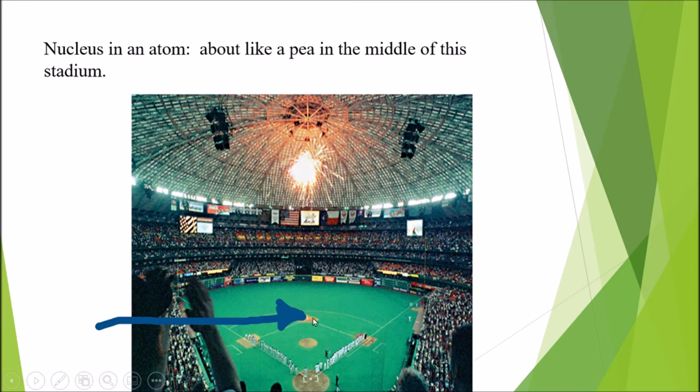If you were to imagine a P representing the nucleus of an atom in the stadium, and the stadium itself representing an atom, that's how small and compact the nucleus is within an atom. So you'd have a P in the center representing the nucleus, which contains the protons and neutrons. The electrons would be orbiting and circling that P somewhere on the outside of the stadium at a great distance.